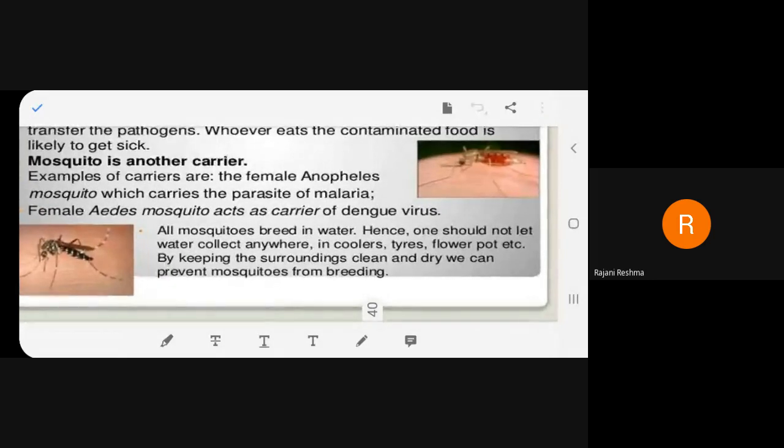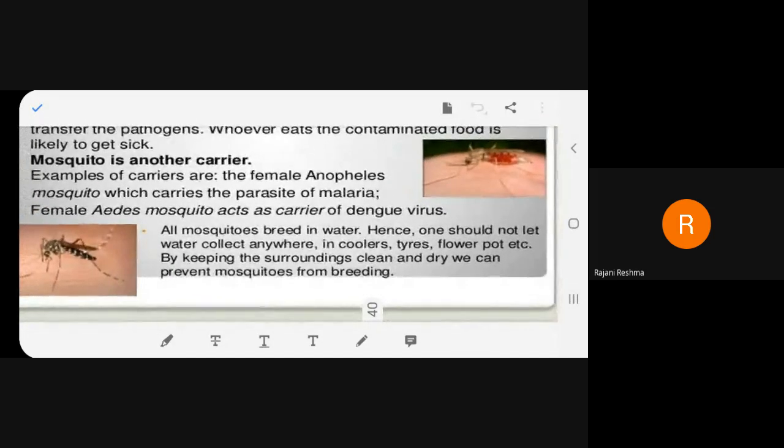Mosquito is another carrier. Examples of carriers are the female Anopheles mosquito, which carries the parasite of malaria.